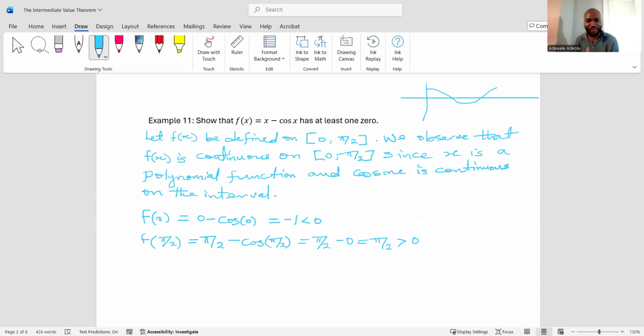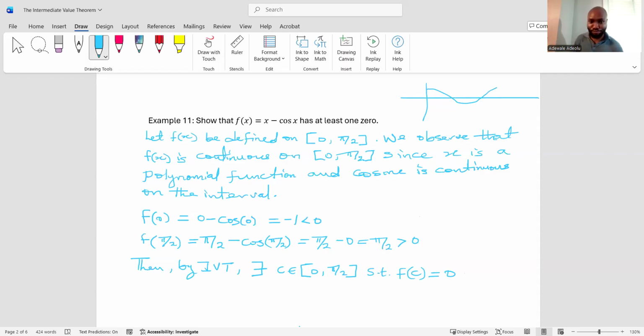In this case, we see that they have opposite signs. I can just say then, by the intermediate value theorem, there exists a point in that interval 0 comma pi over 2 such that if I evaluate my function at that point, it is going to be 0.